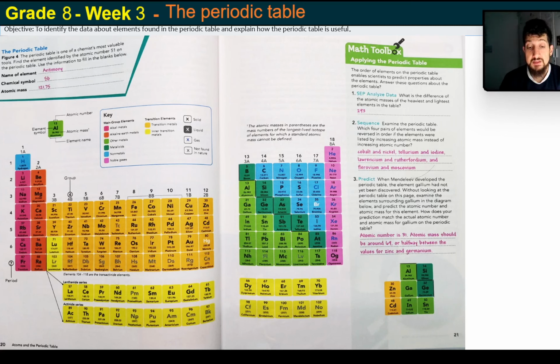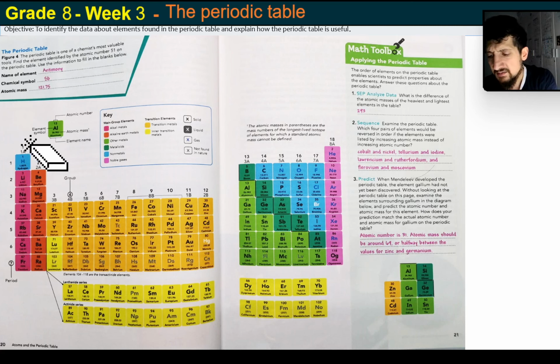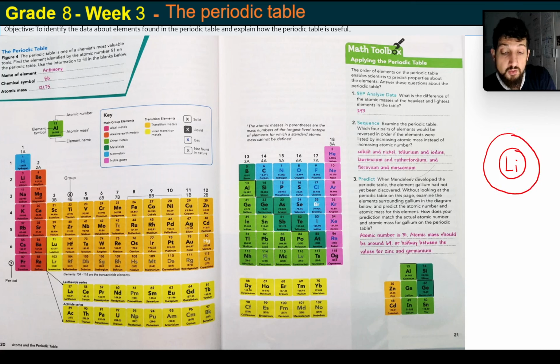Okay? Part of the reason the elements are arranged the way they are here is because you'll notice that elements in the first group, so this is group 1, have 1 electron on the outside. What does that mean on the outside? Remember how we said that elements have a nucleus in the middle, and then we've got these orbit-like structures.